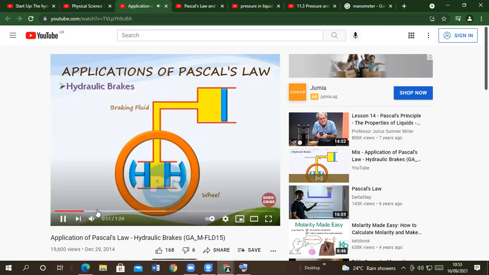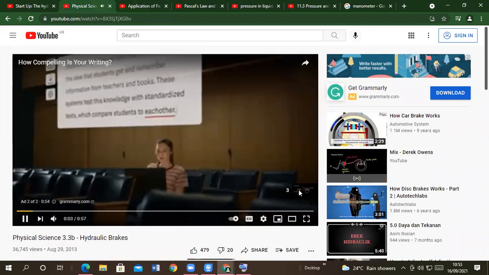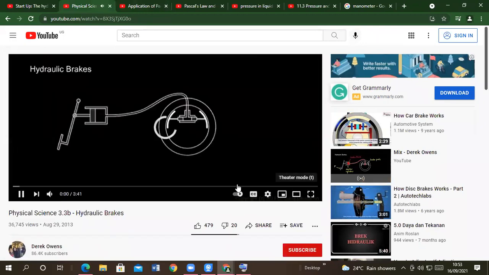So this is the hydraulic brake, but before I show you this one, I want to show you something that the previous video did not have. Okay, so this is the one that you have in your books. This one here is like the one that you have in your books.